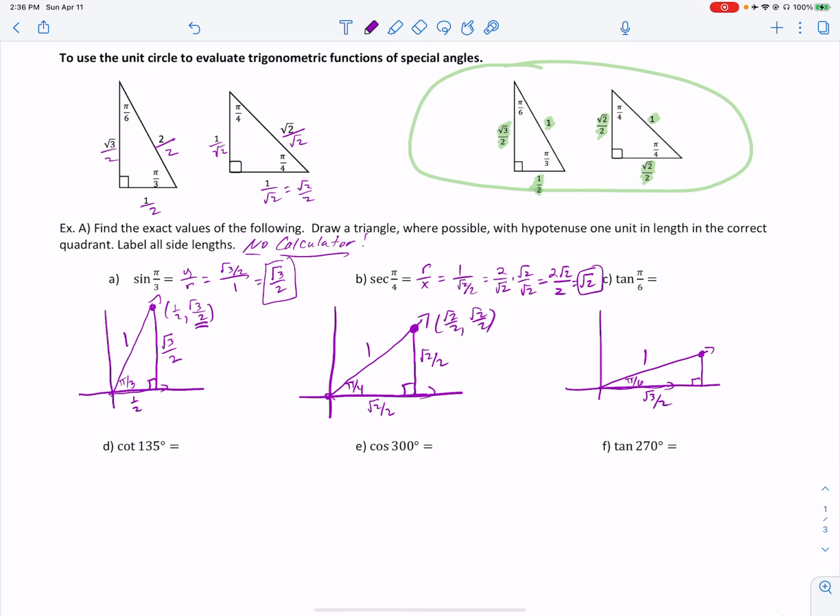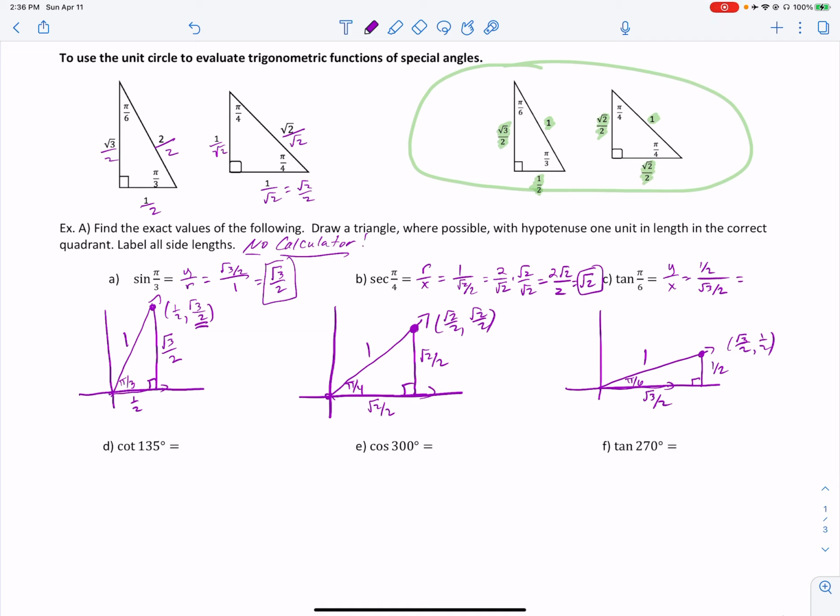Then this leg is your long leg, and you go up the short leg at value of 1/2. And so this point, you're going long to the right and up the short leg value, up 1/2. Those are your ordered pairs. And so tangent is defined to be y/x, and you get 1/2 over √3/2.